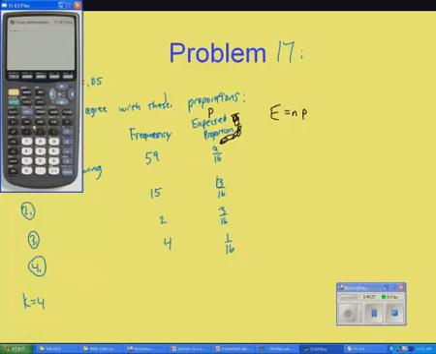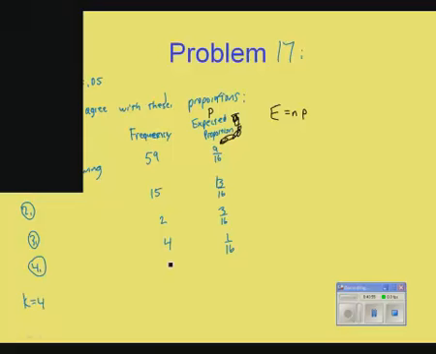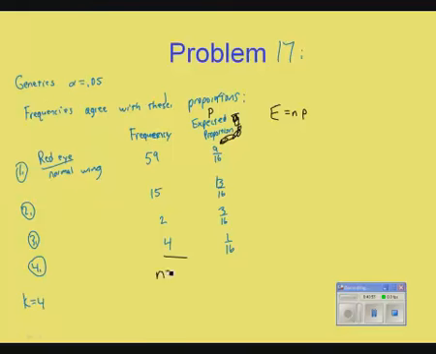But when you go ahead and do this, let's see. If I do 59 times 9/16, there were 59 trials here. No, that's not what I want. I want N times P. So we need to know N. So N is going to be down here, the sum of all the frequencies.